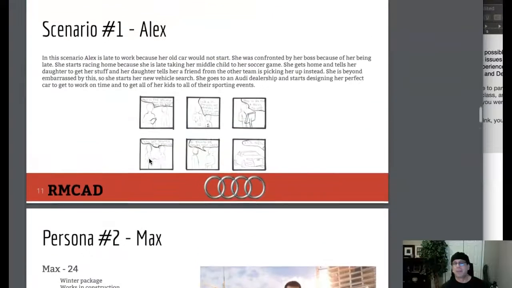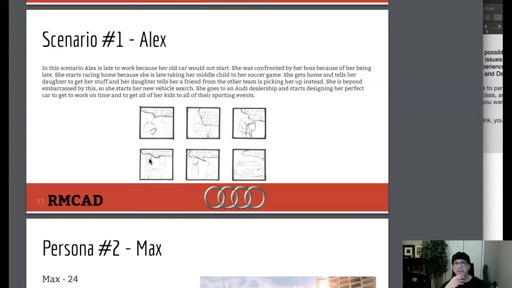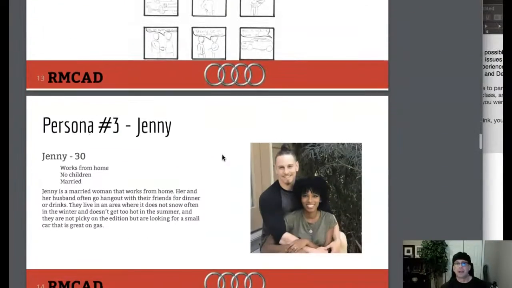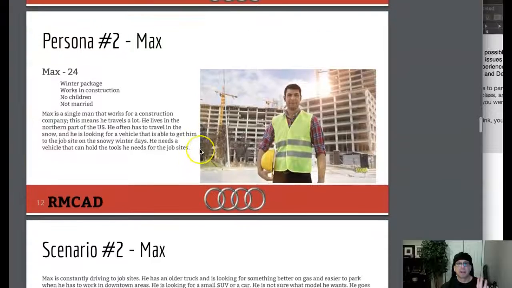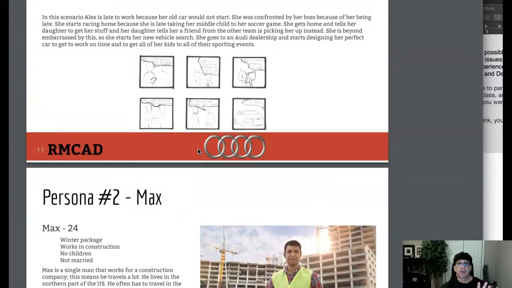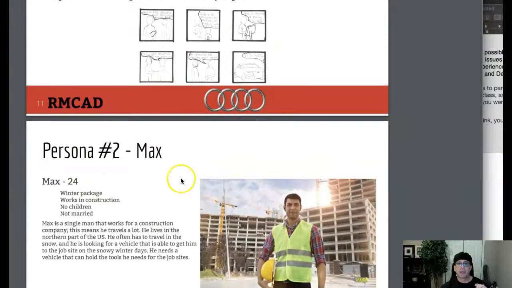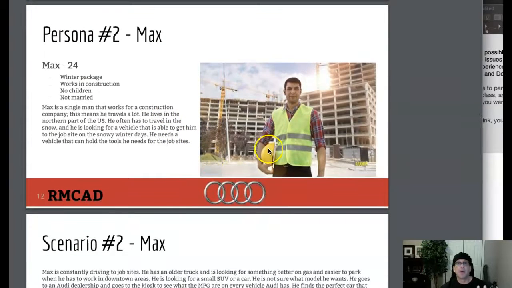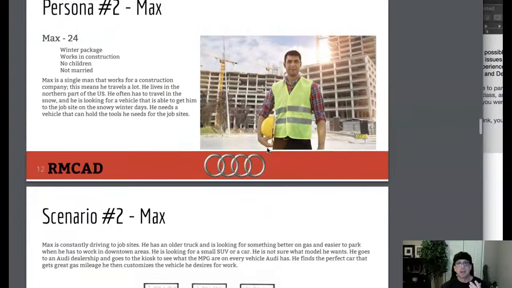So we need somebody older in here. We need maybe a senior citizen couple that is purchasing their retirement vehicle or something like that. I just think we need a little bit of variety in the demographics for the personas here, and I think Max is probably the one that I would recommend replacing with maybe a senior citizen couple, fixed income.